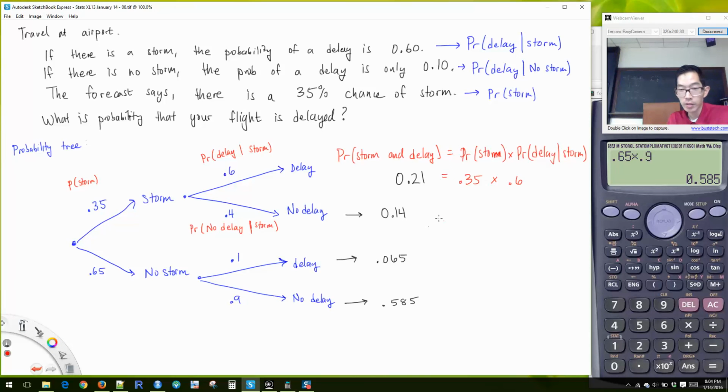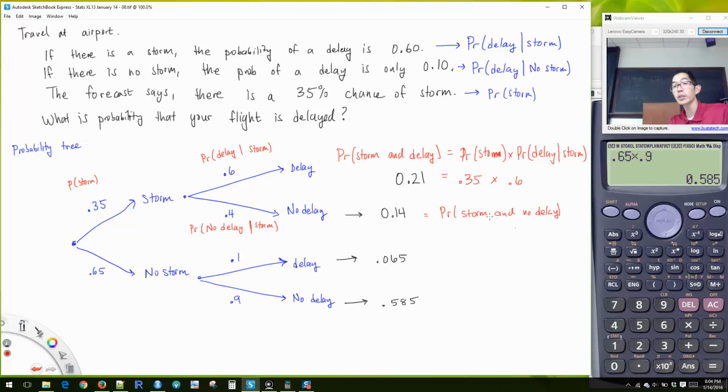I suppose I'll still label these. What would the label here be? 0.14 is equal to the probability of storm and no delay.